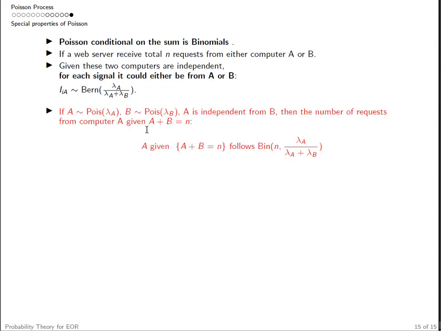So this is the formal language in probability theory. We just summarize what we have already discussed.